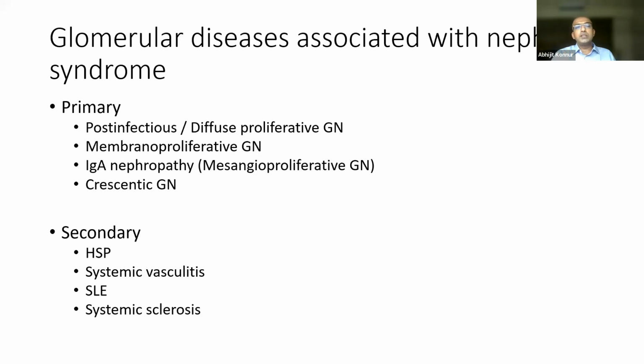Second is presence of membrano, meaning the amount of basement membrane increases. Third is IgA nephropathy or mesangioproliferative, meaning the mesangial cells are proliferating. And lastly, crescentic GN means there's an extracapillary proliferation of cells in the Bowman's capsule or in the urinary space. And secondary to diseases like Henoch-Schönlein purpura, systemic vasculitis, lupus, or systemic sclerosis.